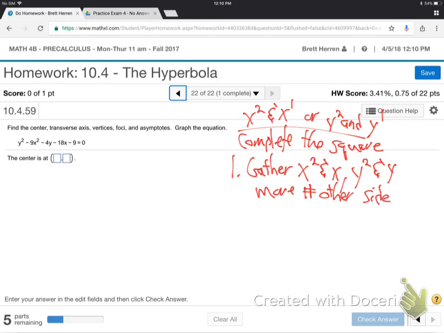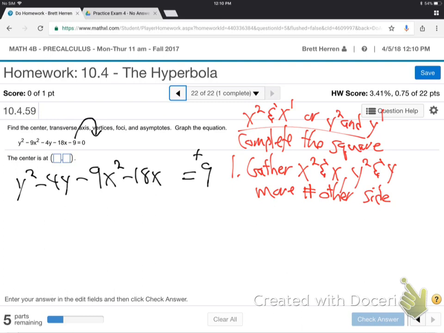So let's jump that 9 to the other side, and then I've got y squared minus 4y minus 9x squared minus 18x, and the 9 becomes a plus 9. So far, so good. Just get the x stuff with the x stuff and the y stuff with the y stuff, and move the 9 to the other side.